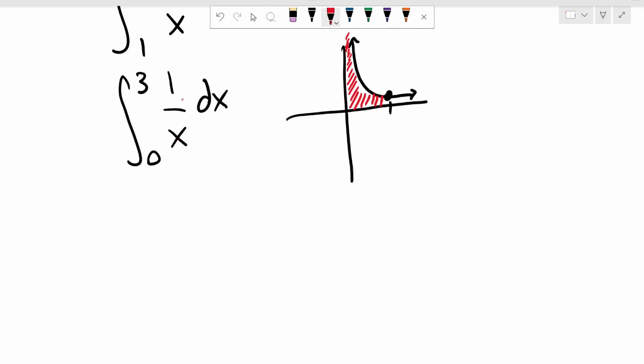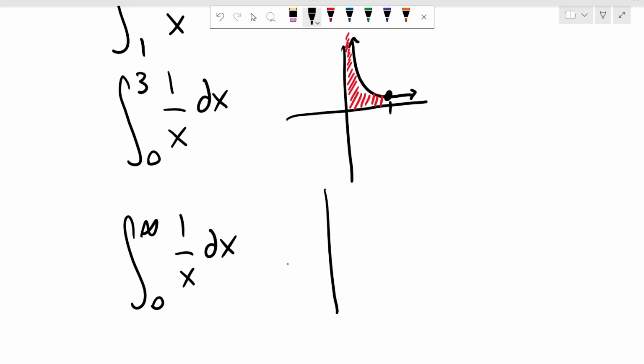Now I want to come back to this one in particular. First, I want to look at what happens when the bounds are infinity. This is another thing we can do. We can take the integral from 0 to infinity of something. So let's do 1 over x dx. Again, the picture of this looks similar to that one.